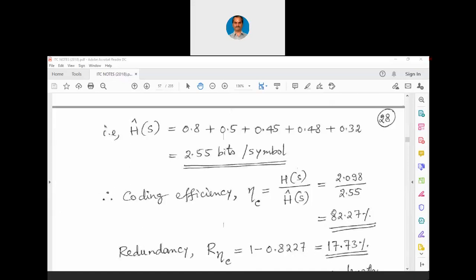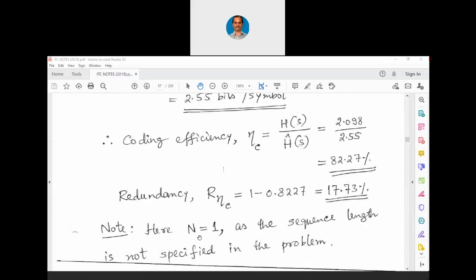So the goal is to have minimum redundancy and maximum efficiency. By means of any coding algorithm, if we can increase the efficiency and reduce the redundancy, then with the minimum number of bits we are sending out the maximum amount of information and our purpose is served.